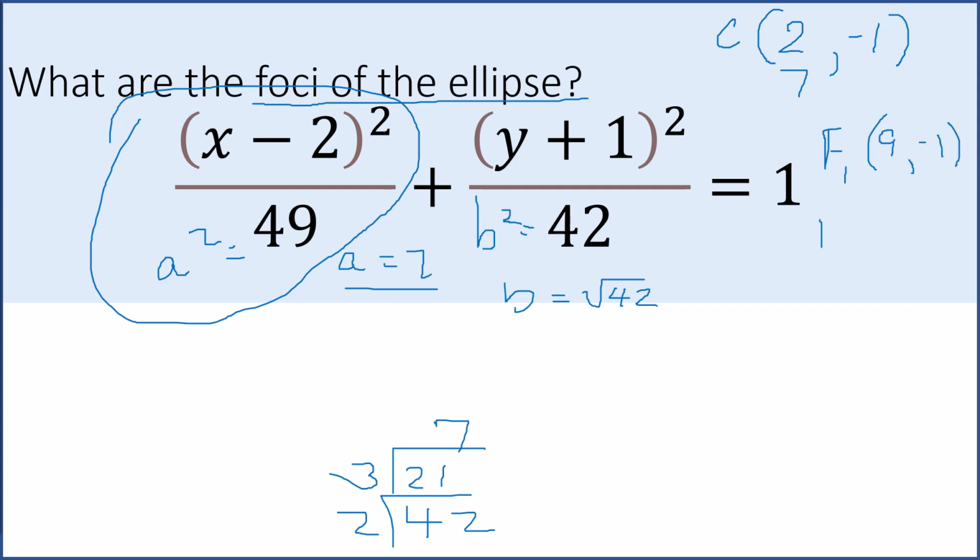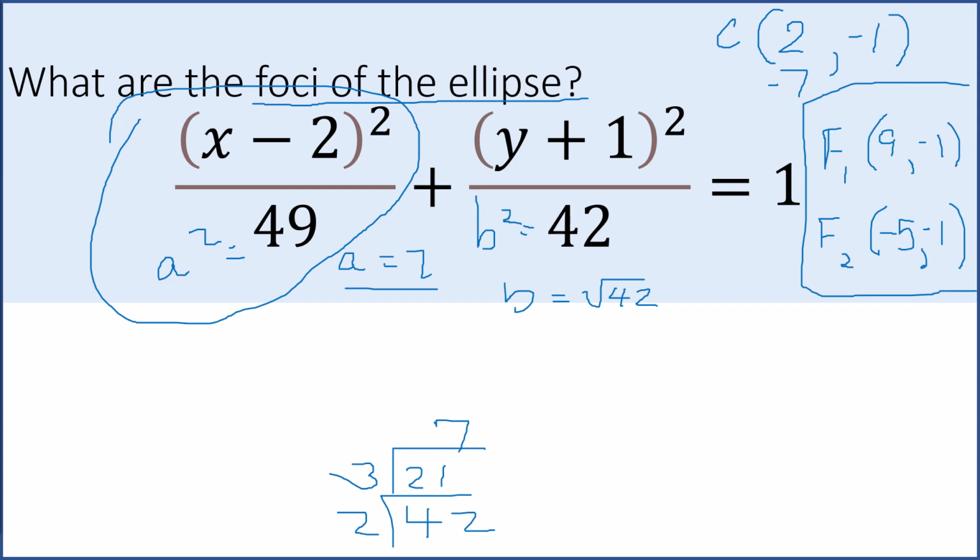And the second focus is, let's subtract 7 this time. 2 take away 7 is negative 5. And then we have negative 1. Okay, so those are our foci.